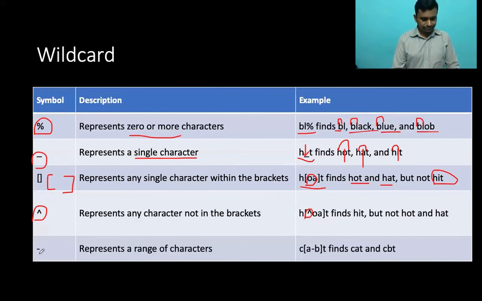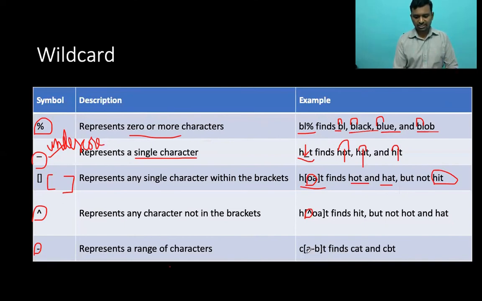And then the hyphen represents to. Now here this is underscore. Don't confuse the underscore and the hyphen. What we are seeing here is underscore, and this is hyphen. Now this hyphen gives a range from here to there.